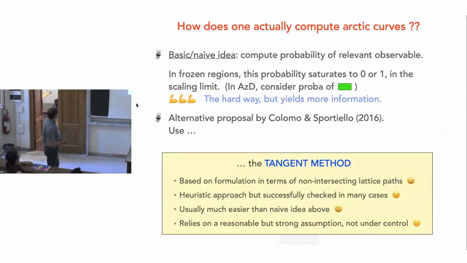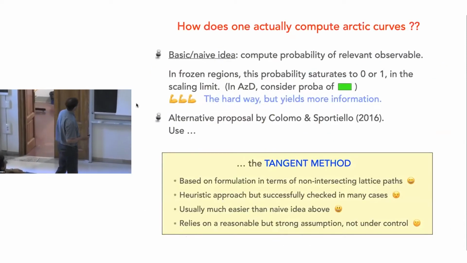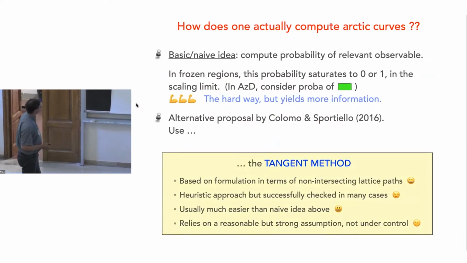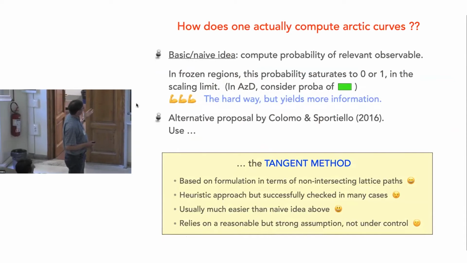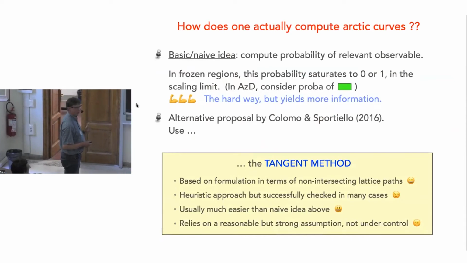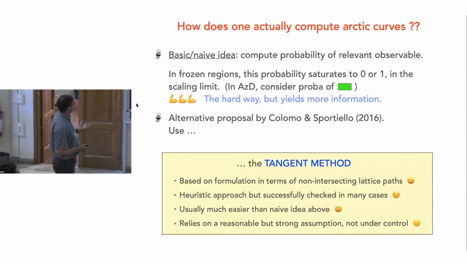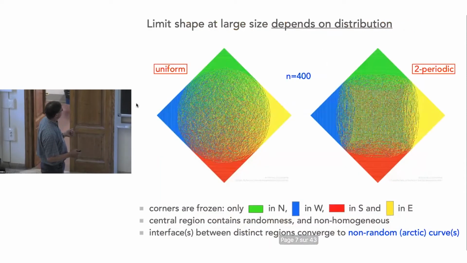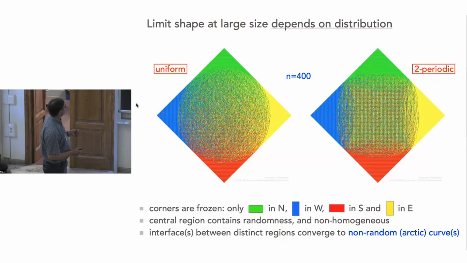Okay, so the question is how do you actually compute the Arctic curves? One of the first, perhaps naive, ideas is to pick a relevant observable that might act as an order parameter and compute its probability. So for instance, in the Aztec diamond, you pick the probability to have somewhere a green domino, and you quickly see that the probability will saturate to 1 in this region, to 0 in these 3 corners, and to some numbers between 0 and 1 in the central region.